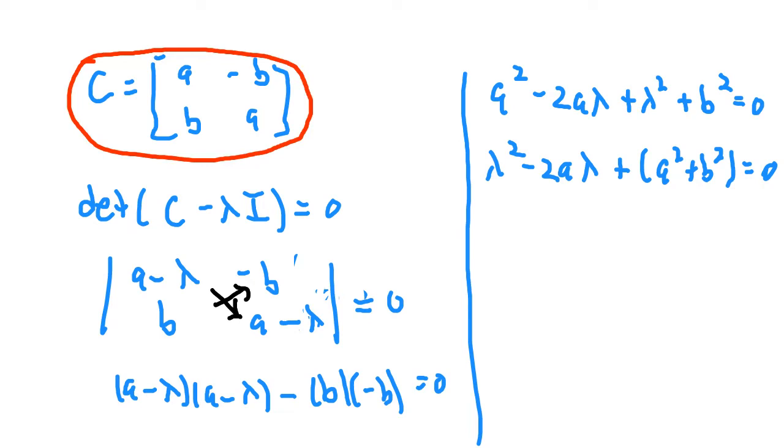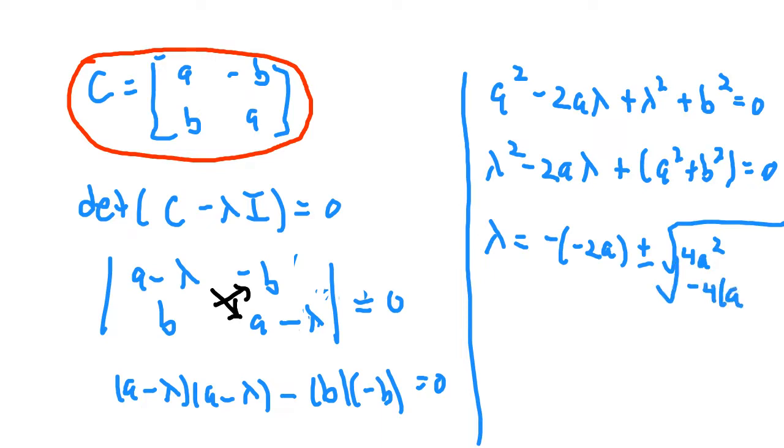We're trying to find the eigenvalues for that matrix C. Using the quadratic formula, lambda will equal negative of negative 2a, plus or minus the square root of b squared, which would be 4a squared, minus 4 times a squared plus b squared, all over 2 times 1.